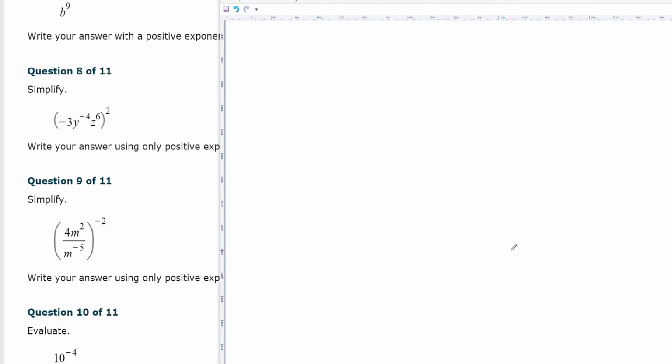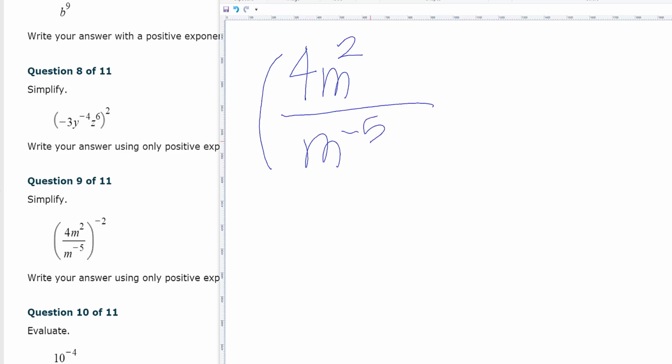Number 9. In parentheses, 4m squared over m to the negative 5, all of that raised to the negative 2.